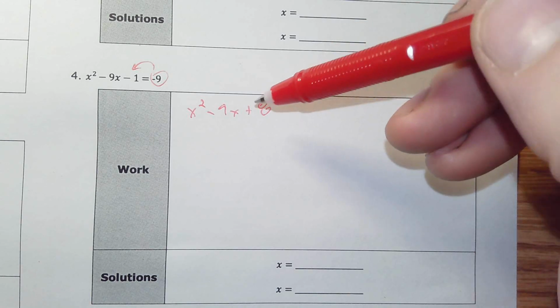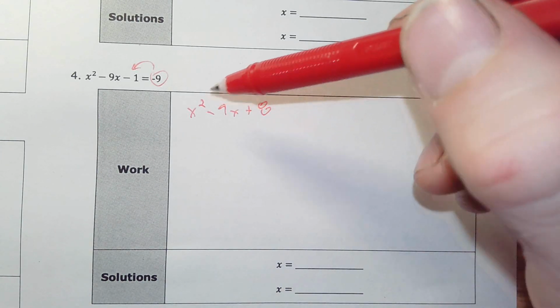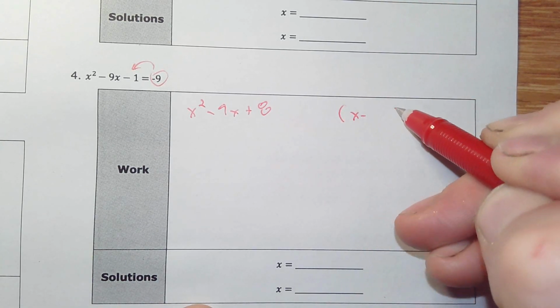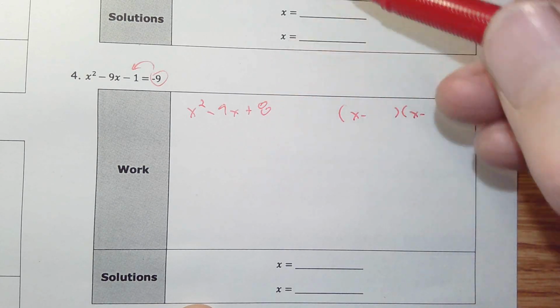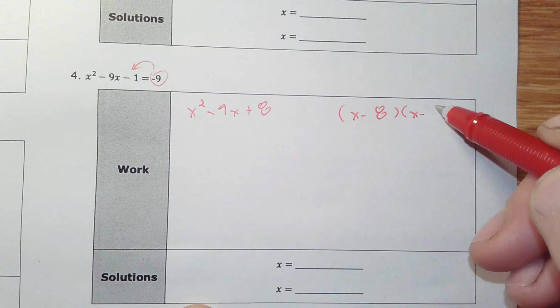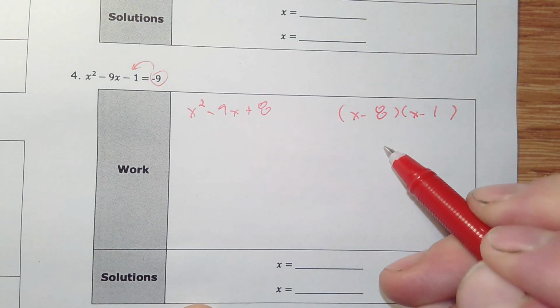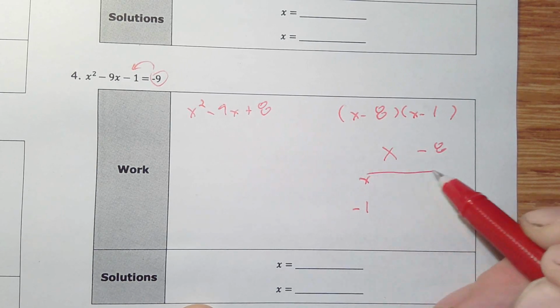So I need the factors of 8 that will make a negative 9, and it's going to be a minus minus. This might be possible to factor. So I'm going to do x minus and x minus. Negative 8 times negative 1, let me double check this just to make sure, but I think I factored it. x minus 8, x minus 1.